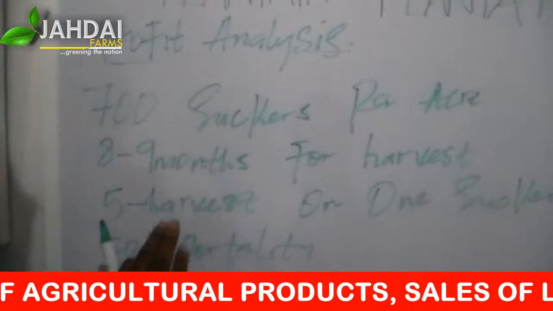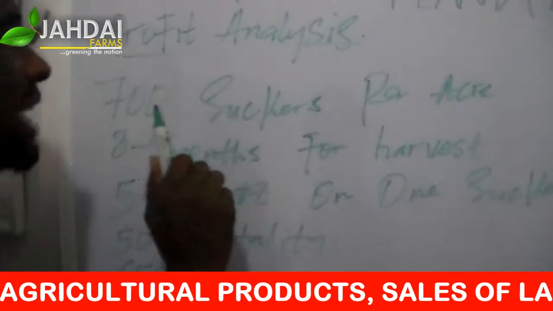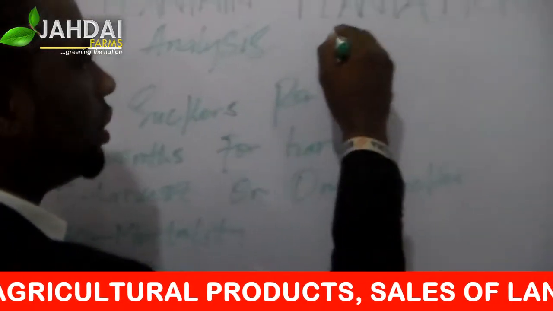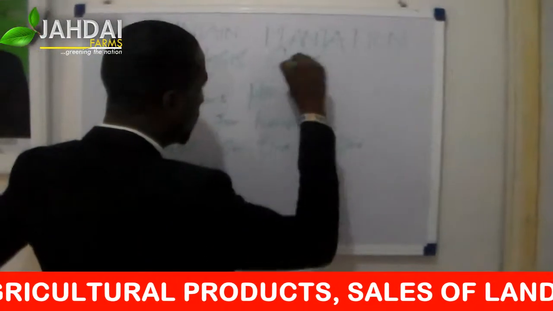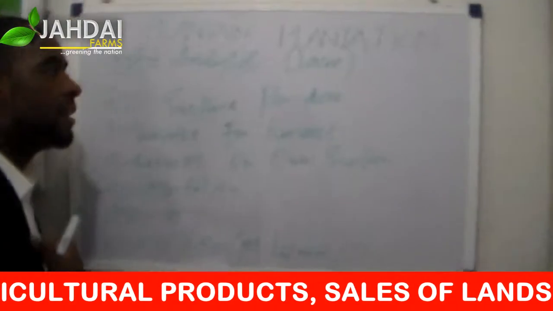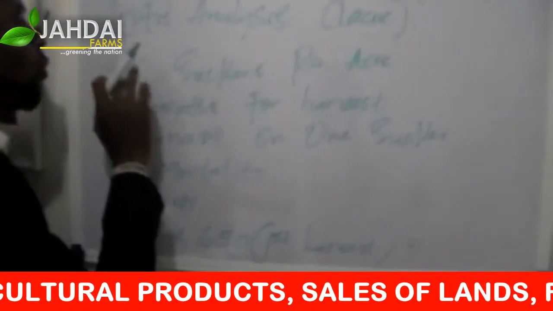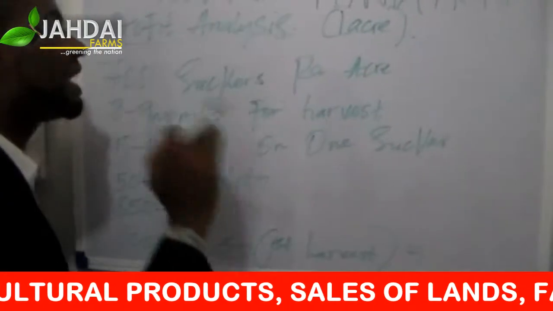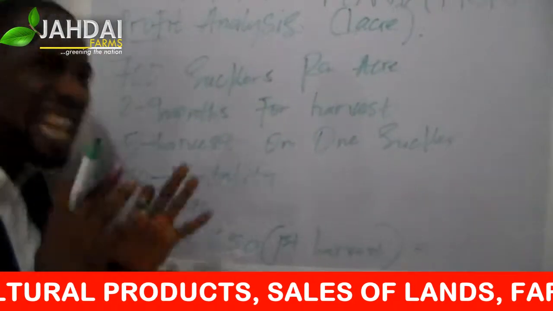After getting your land, we want to analyze for one acre. You got that? One acre. As a company, we can plant between 700 and 1,000 in an acre. That determines the land.